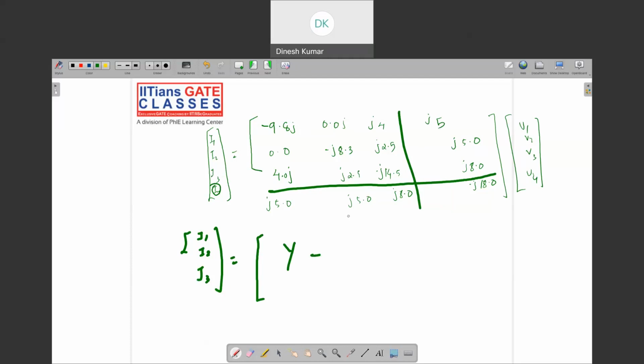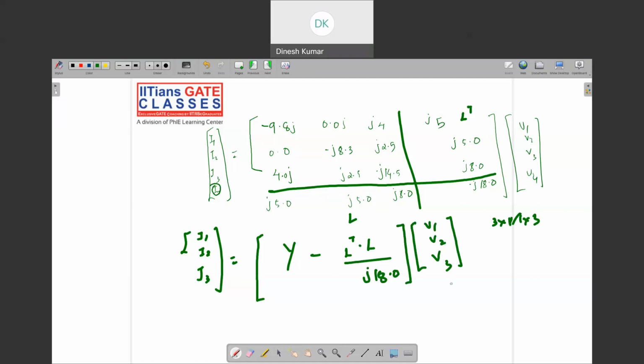So this was our L matrix and this is L transpose. So we can just check this will be 3. So L transpose into L. That is basically L transpose is 3 cross 1, L is 1 cross 3. That will be 3 by 3, correct. Divided by J 118.0, right, into V1, V2, V3. Right. So from there we can find the matrix, something like this.